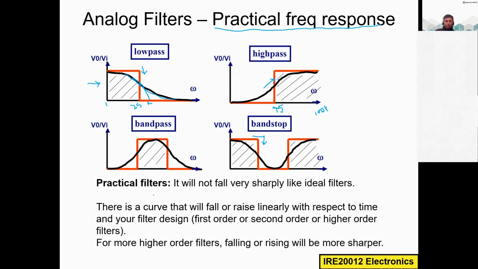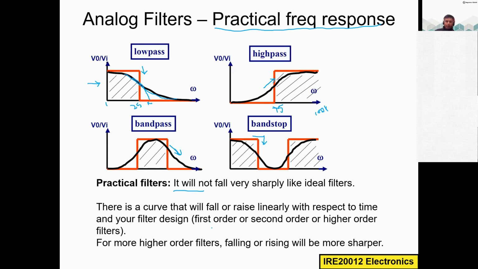Okay, so practical filters will not fall very sharply like ideal filters. Yes, that's correct. There is a curve that will fall or rise linearly, and how it falls down is really based on your filter design.